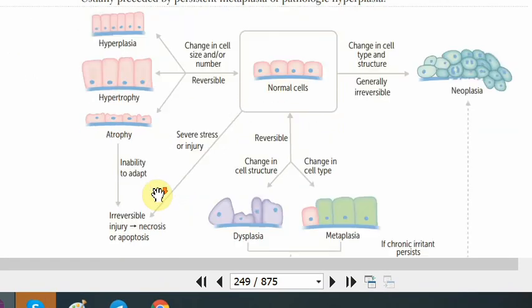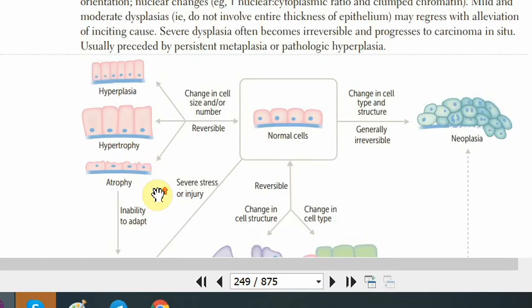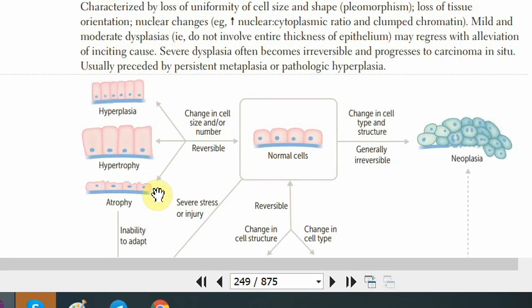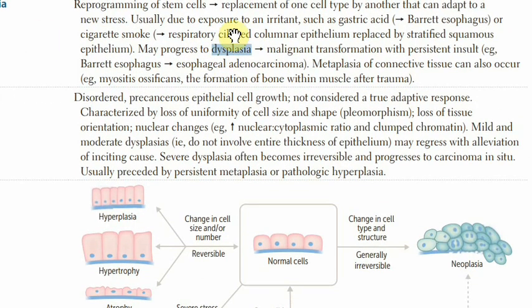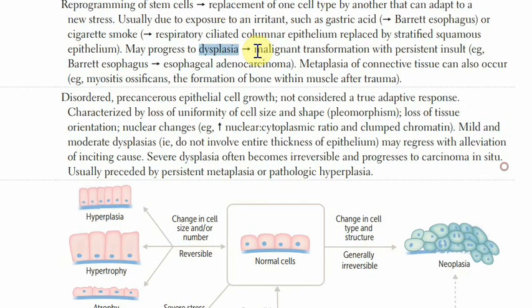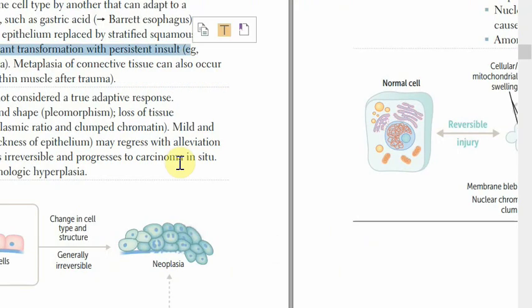I just want you to be comfortable with the idea that it means the structure of the cell has changed. So if the structure of the cell changes, sometimes we will have malignant transformation with persistent insult. If the cell is consistently undergoing stress, eventually it will get dysplasia, and that dysplasia can become neoplasia, which is cancer.